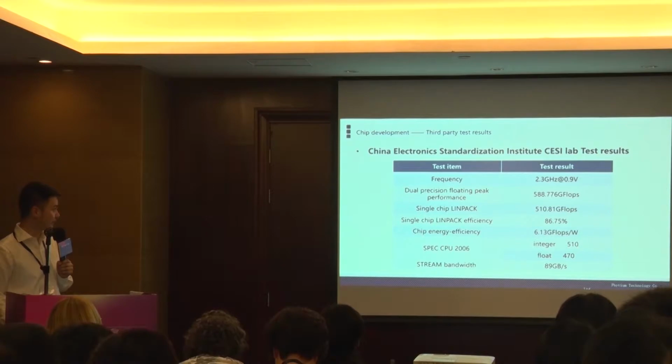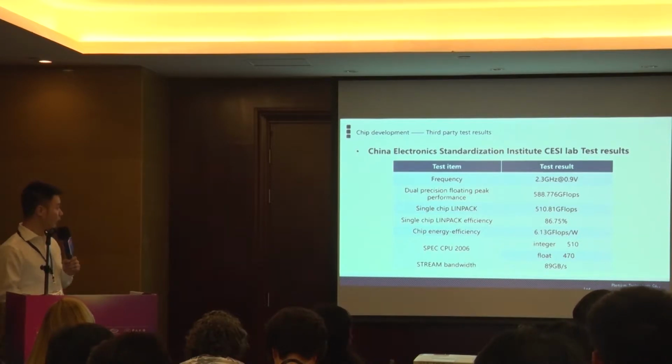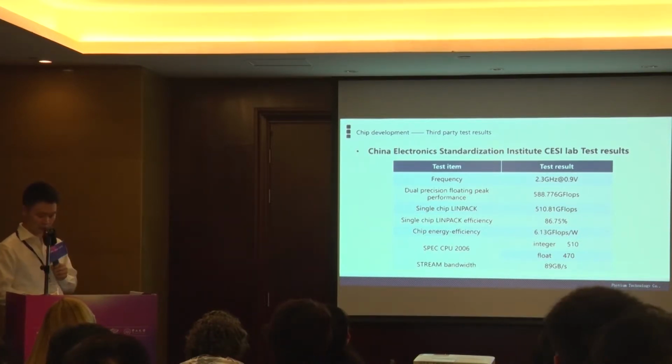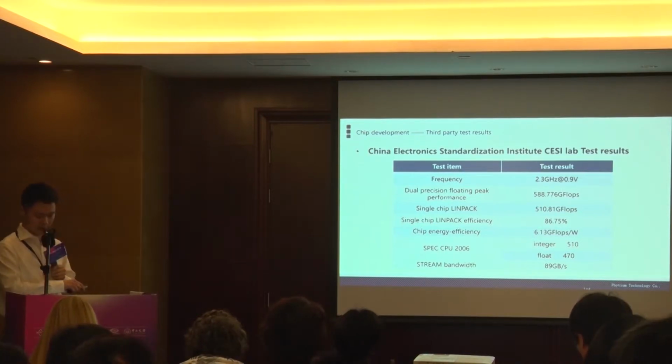And these are the results from them. We can see our frequency at 0.9 quality is 2.3 GHz, and the double precision floating point peak performance I just described before.